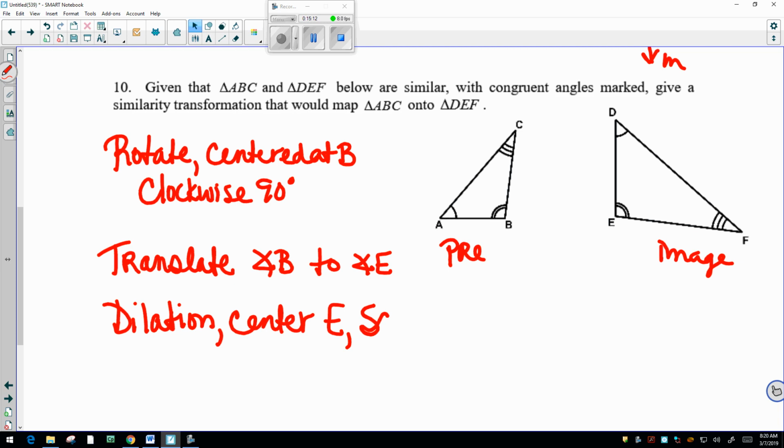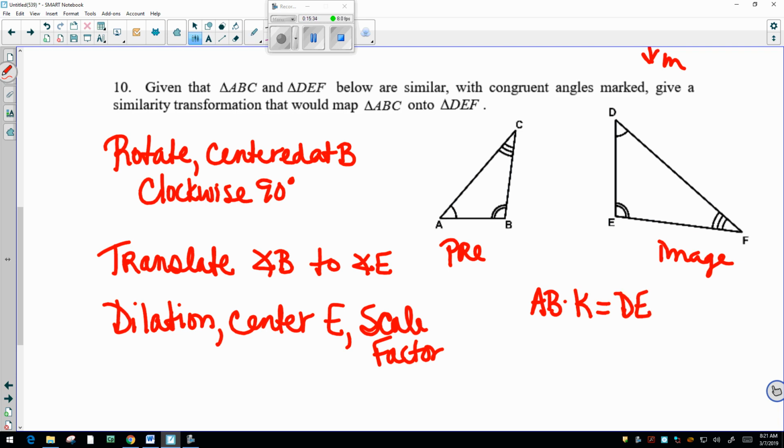Okay, so this scale factor, I don't have any numbers, and this may be a little difficult to figure out, but let's think about this. I know whatever the length of AB is, AB had to be multiplied by something to get me that length of DE.